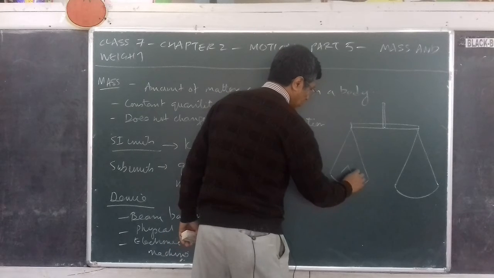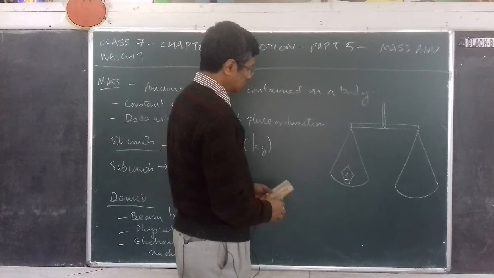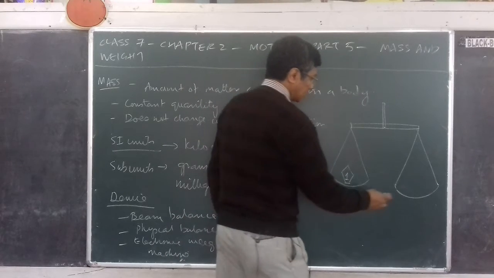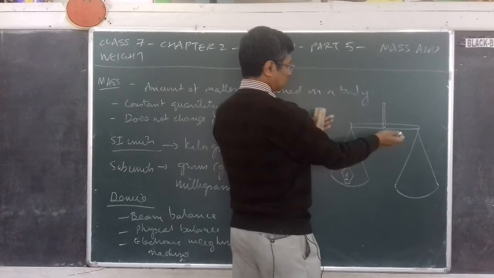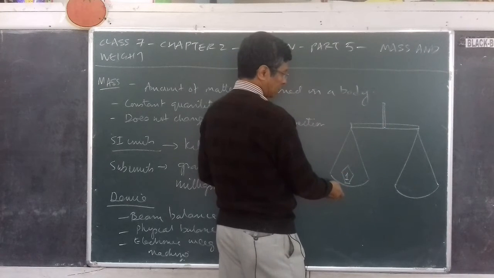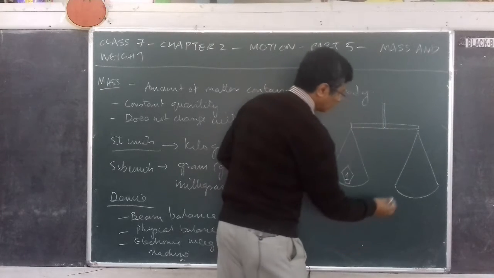On one side we normally place a standard mass, let's say 1 kilogram, and this causes the beam balance to tilt to one side because this one is now heavier.